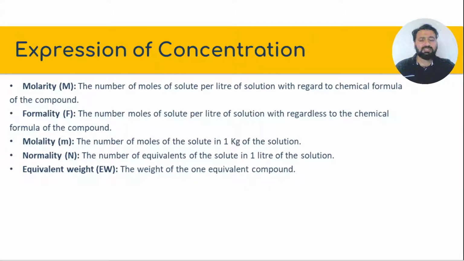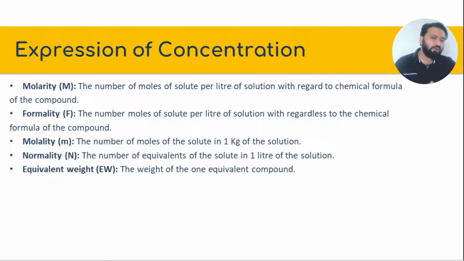In the previous section, we discussed the molarity, which is the number of moles of solute per liter of solution, but that was with regard to the chemical formula of the compound. But what happens when we have an ionic compound? When we have an ionic compound, we express the concentration in terms of formality.